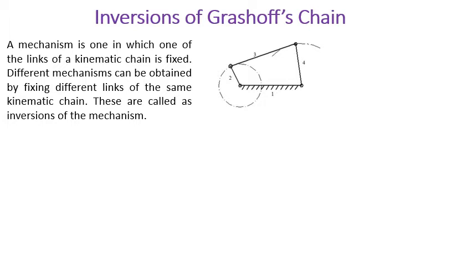Okay. So this method of obtaining different mechanisms by fixing various links in a kinematic chain or 4-bar mechanism is called inversion of mechanism. The mechanisms obtained by this method may be different in appearance and the purpose for which they are used. Except the original mechanism, all other mechanisms are termed as inversions of the original mechanism.